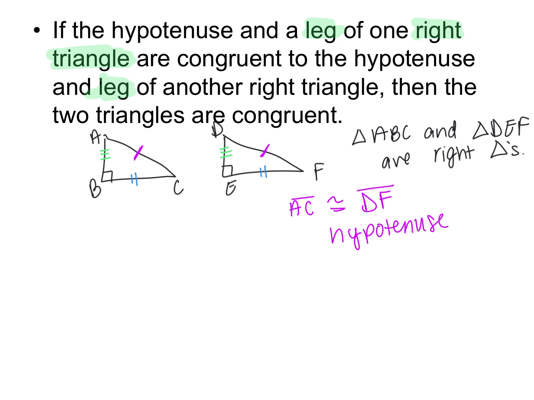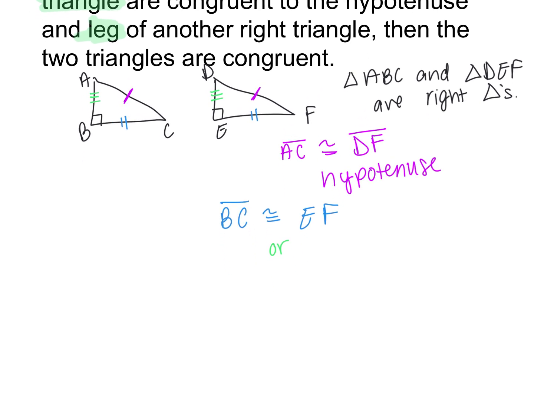What else do I know? BC is congruent to EF. Good, BC is congruent to EF, or, okay, why am I writing an or? Because it only has to be one leg. Or AB is congruent to DE, and these are considered my legs.